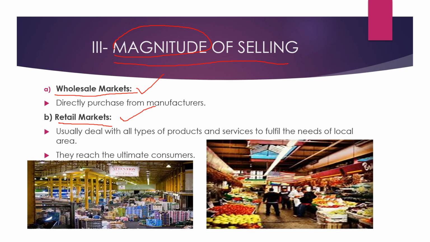So in the wholesale market, direct purchasing is taken care of from the manufacturers, but in retail markets they may have a direct link-up with the manufacturers. So it goes from manufacturers to retailers, or manufacturers to wholesalers to retailers.